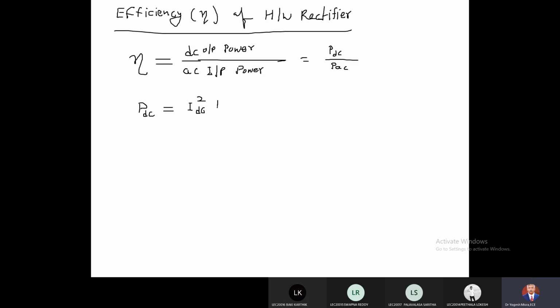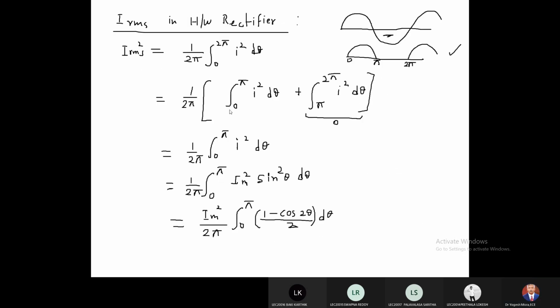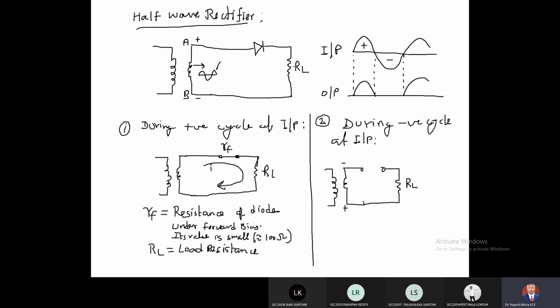And R is RL, because across this RL you will get the output. So what output power are you getting across this RL? Whatever IDC is flowing through this, its square multiplied by RL, right?